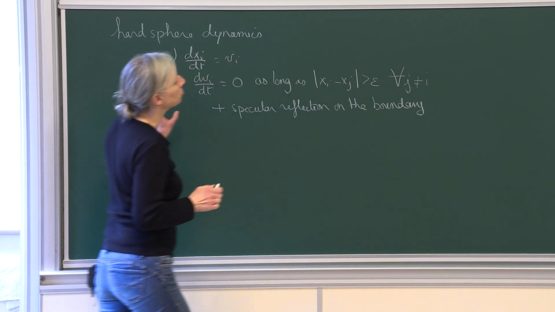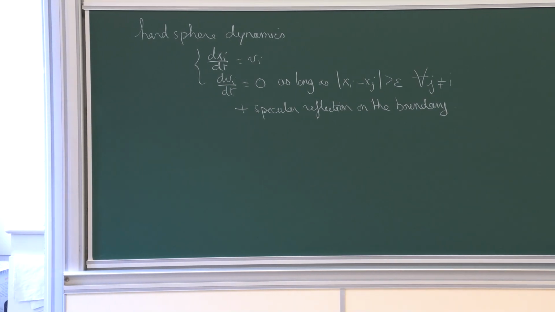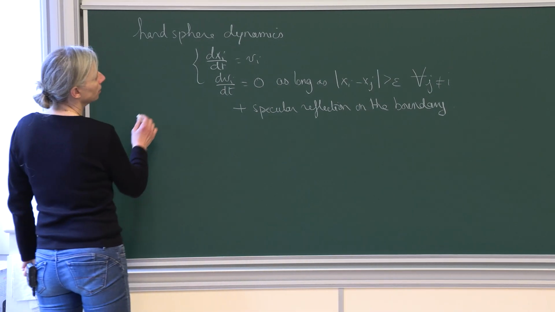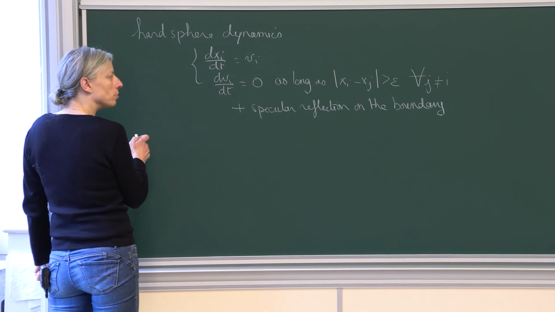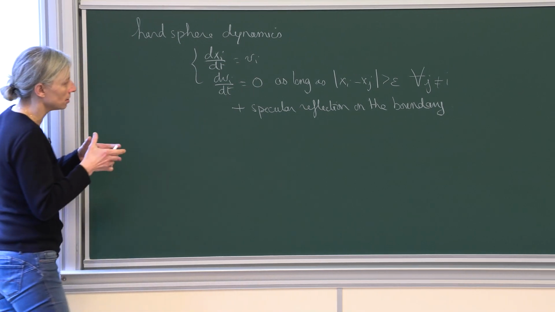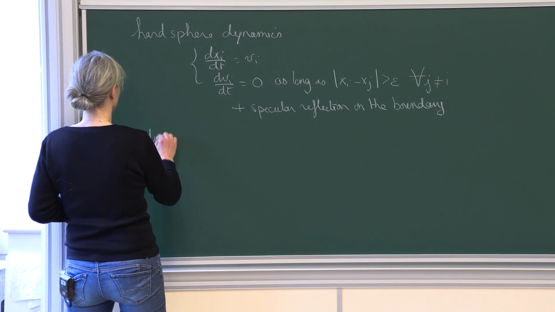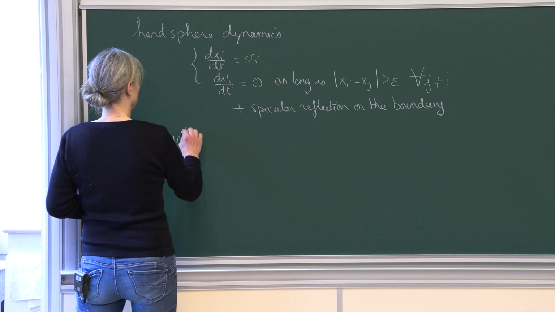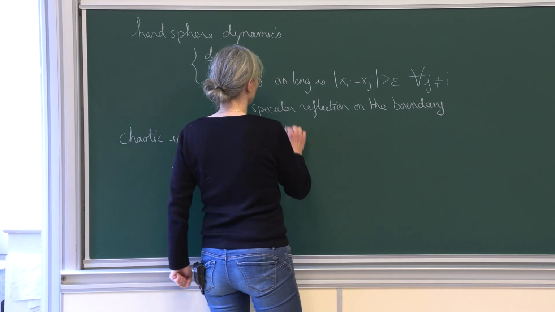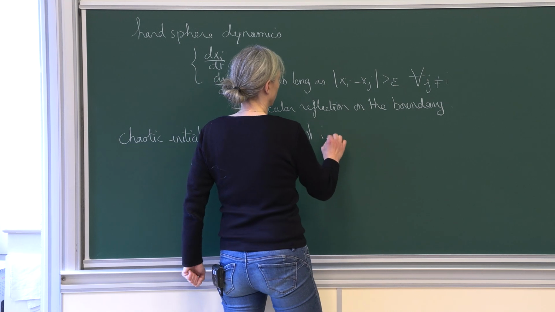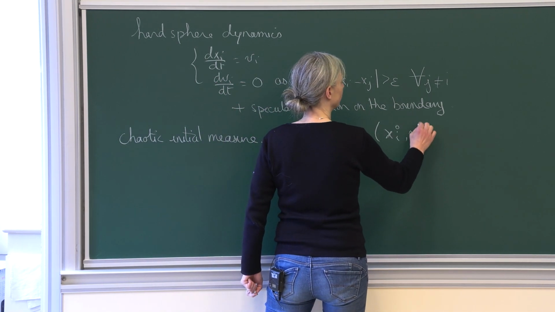So that's the starting point, and what I would like to prove is that now if I look at this system under some probability measure, which is this chaotic initial measure, so almost IID variables, which are these x_i^0, v_i^0.